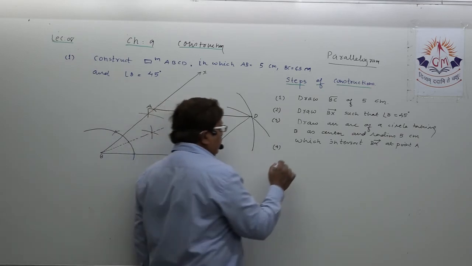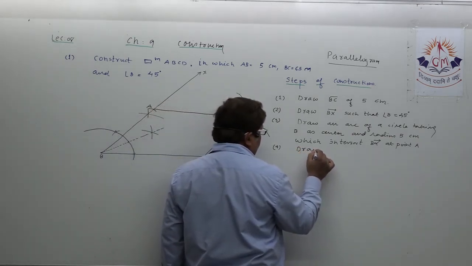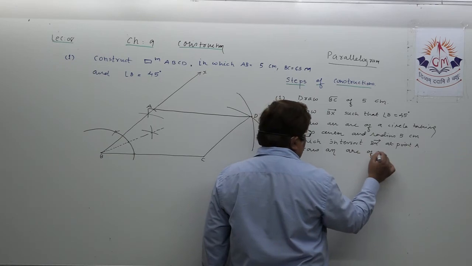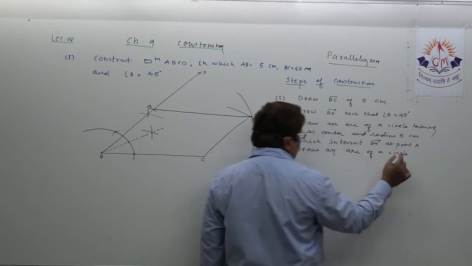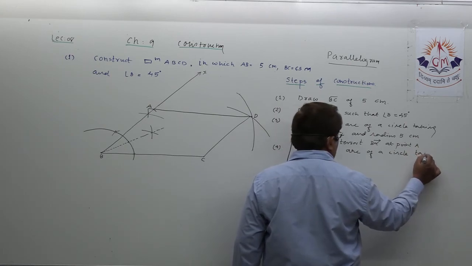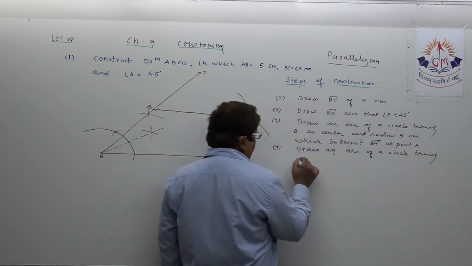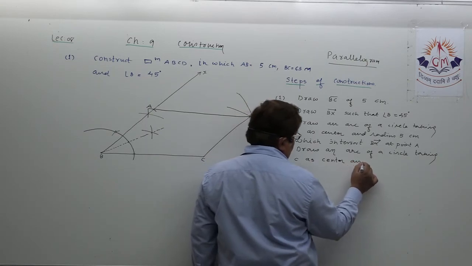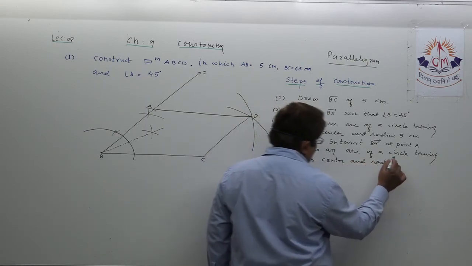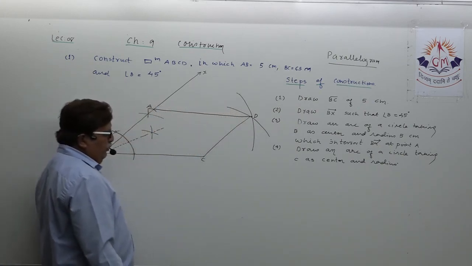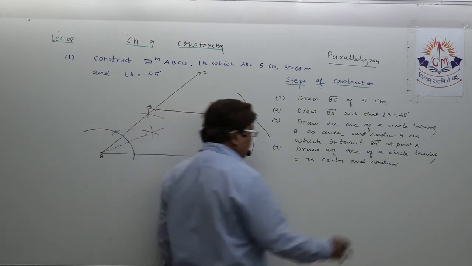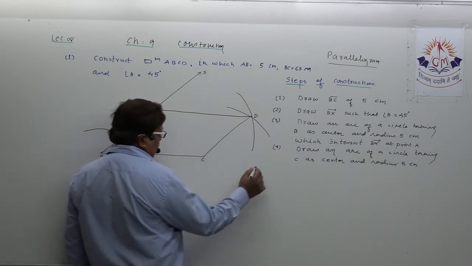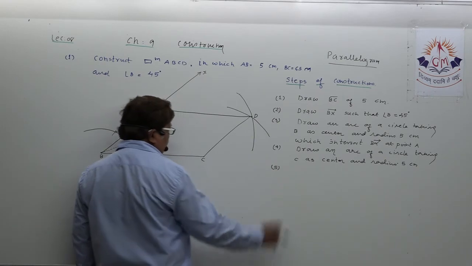So you might just write: draw an arc of a circle taking C as center and radius 5 centimeter.